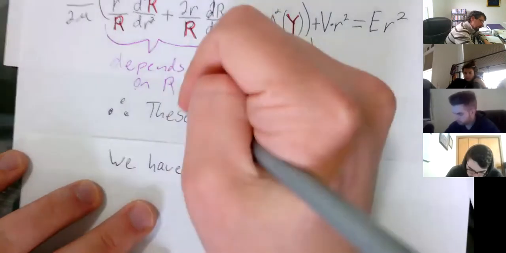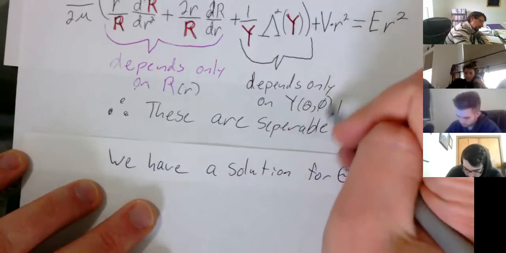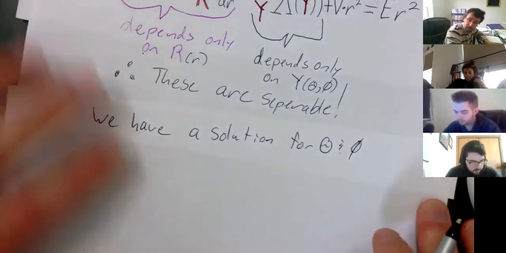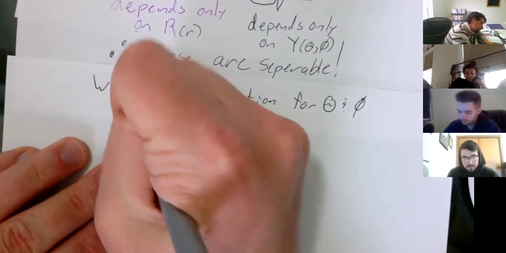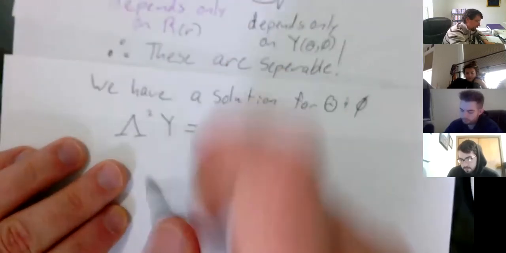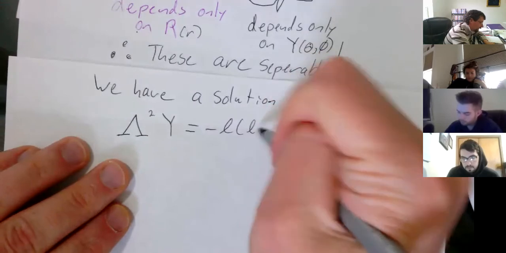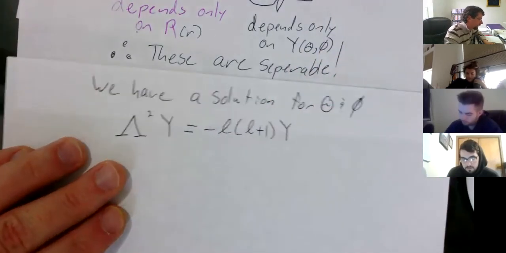Actually, this depends on R, this guy depends on theta. So we have a solution for the part that depends on theta and phi. And if you look back at our notes, it was negative L times L plus 1, and we get Y back out.